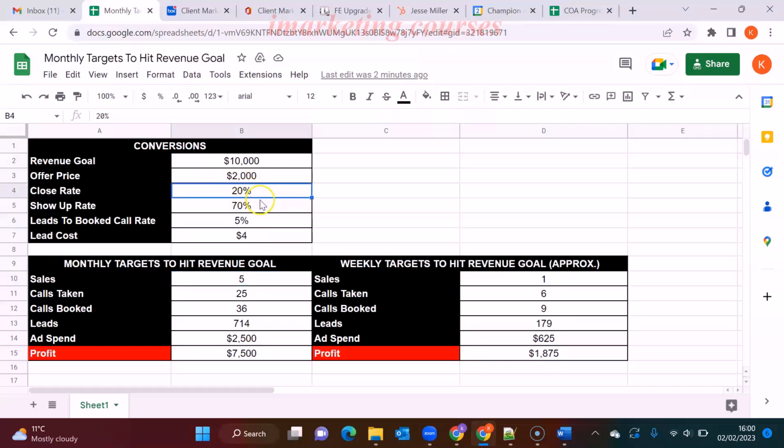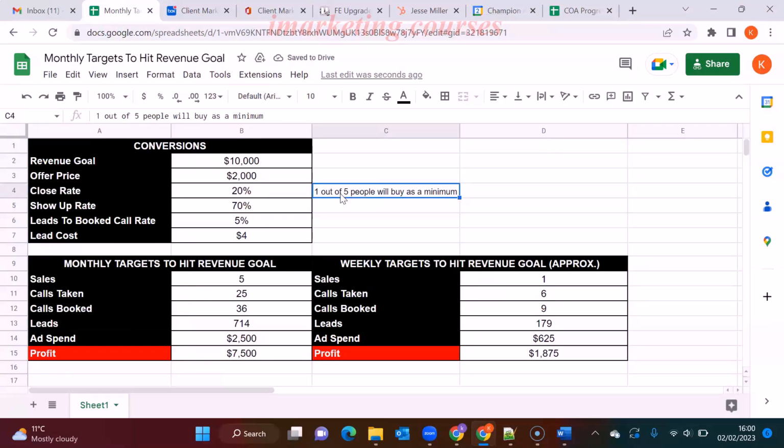Okay, so when we're looking at our conversions, we are looking at 20%, right? This is 20%, and this is as a minimum of what we want. We want a 20% close rate. So just again, bear in mind that only 1 out of 5 people will buy, okay, as a minimum. Again, this is where we want it at, okay, as a minimum.